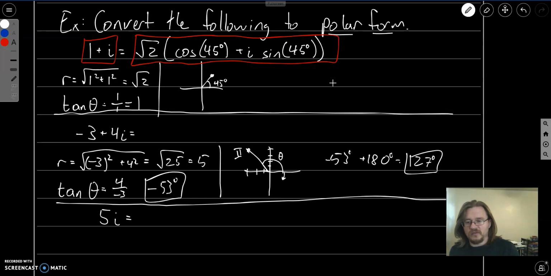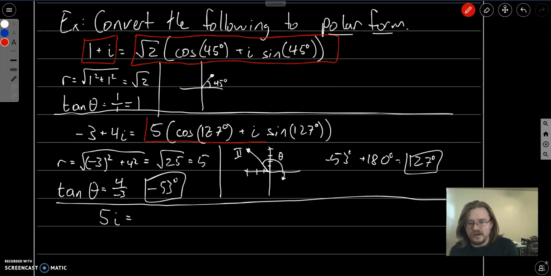So when I plug this in here, we'll take r, which was 5, times cosine of 127 degrees, plus i times sine of 127 degrees. I didn't leave myself a whole lot of space here for this, but there is our answer.